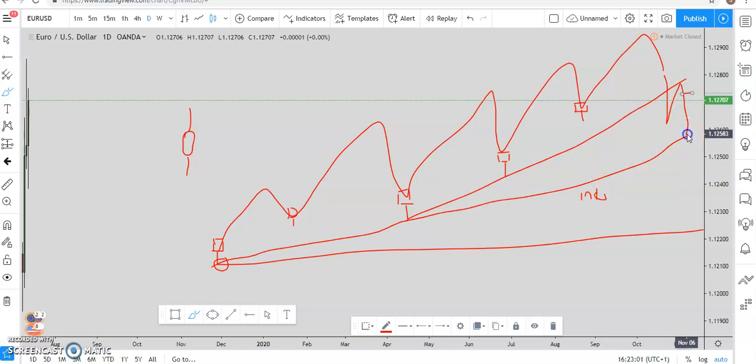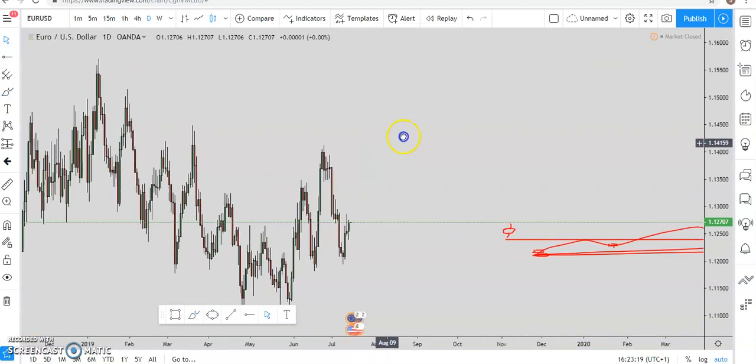Then if price breaks your outer trend line, you expect a pullback, and then you trade, sell down to the future trend line. All right, so now quickly let's go to the chart, and then let's see what is there.